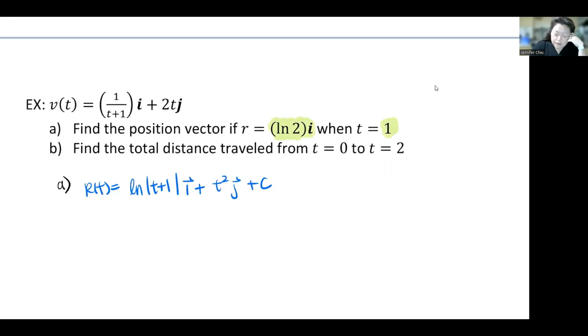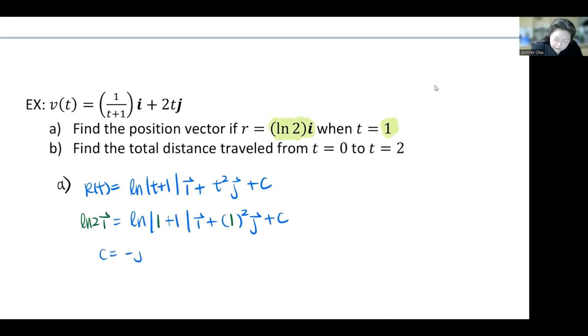So we're going to plug that in. We go natural log of 2 i equals natural log of 1 plus 1 i plus 1 squared j plus c. So we plug in 1 for t and natural log of 2 i for r, right? So we go ahead and solve this out. We will get c equals negative j.